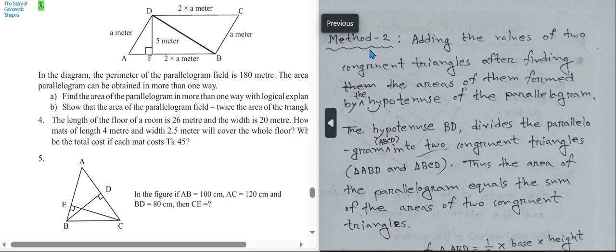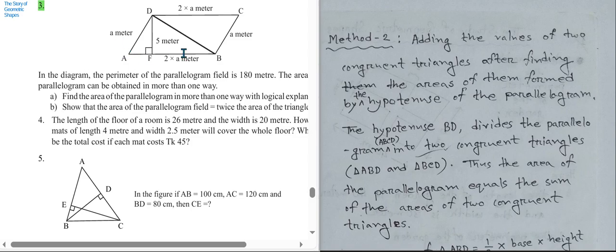Before starting method 2, we just pay attention to the figure. In the figure, we see there is a diagonal BD which divides the parallelogram ABCD into two triangles.